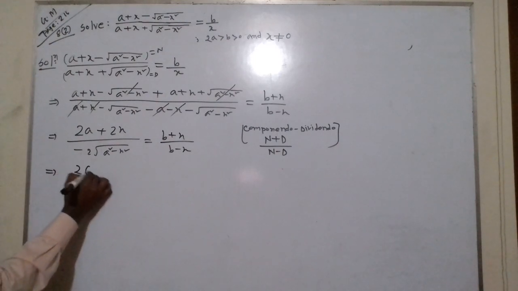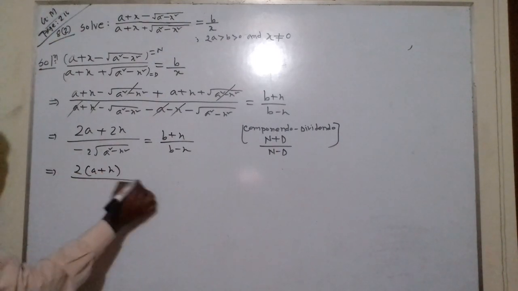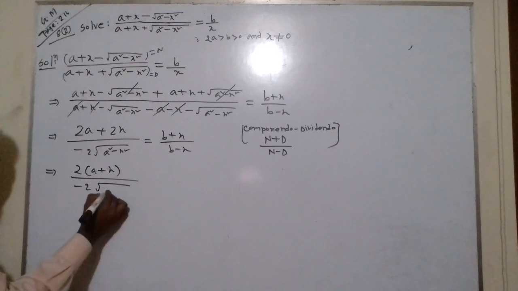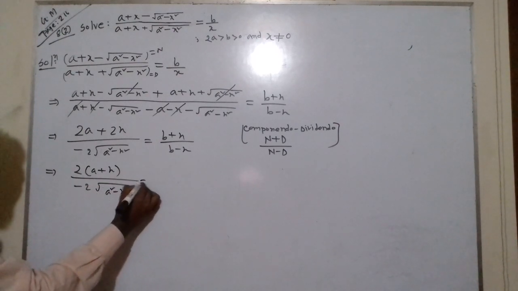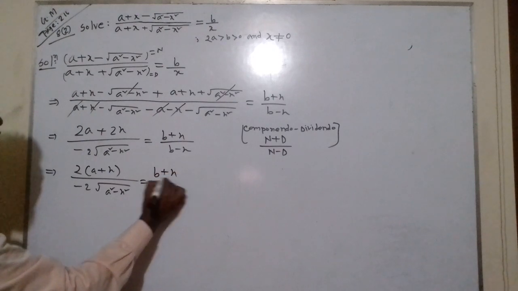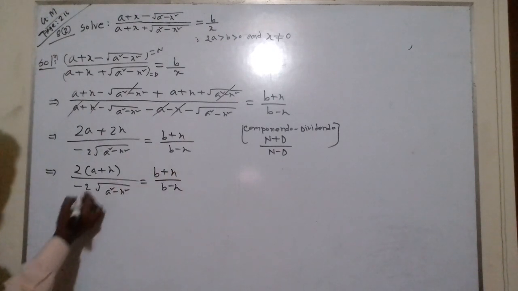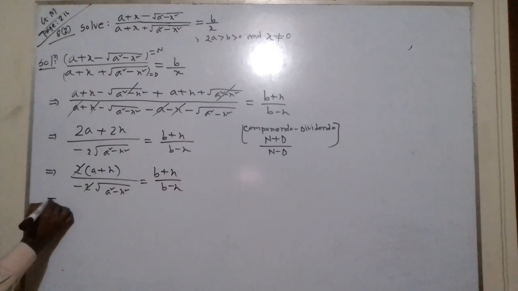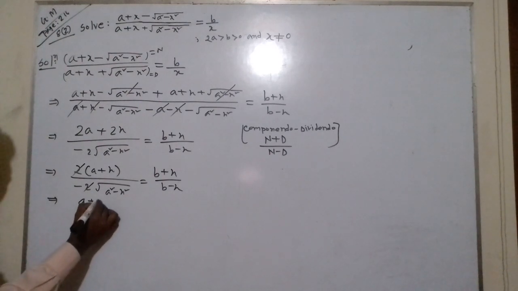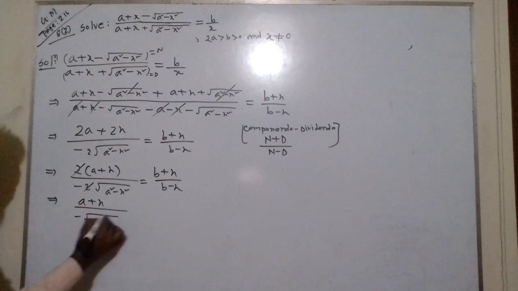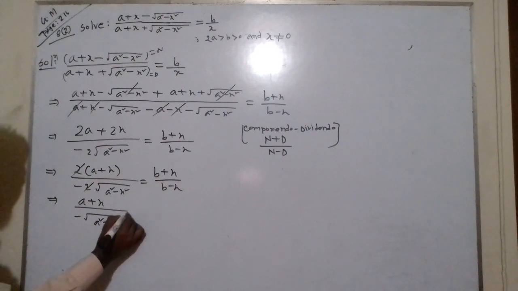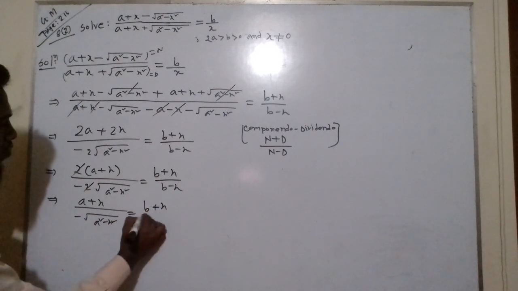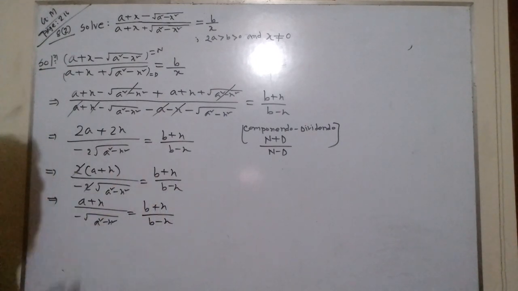So 2 into a plus x divided by 2 root over a square minus x square equal to b plus x by b minus x. 2 upon 2 cancel, so we can write a plus x divided by minus root over a square minus x square equal to b plus x divided by b minus x.